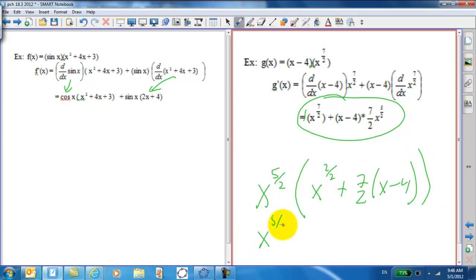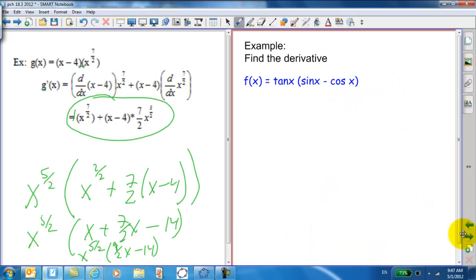Well, if you keep working this down, this is x to the first, so that's x plus 7 halves of x minus, if I distribute that, 14. So you might consider x to the 5 halves times (9 halves x minus 14). It's fully factored, and it's going to be handy for some of the applications you do next year in terms of setting the derivative equal to 0. Let's find the derivative of this one.